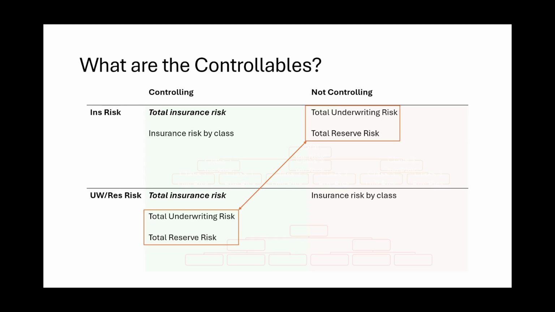I think the total underwriting risk and total reserve risk figures are, generally speaking, very important metrics. They're often used in external reporting, regulatory reporting, and I would say they warrant enough respect to make them controllables through your correlation structure.